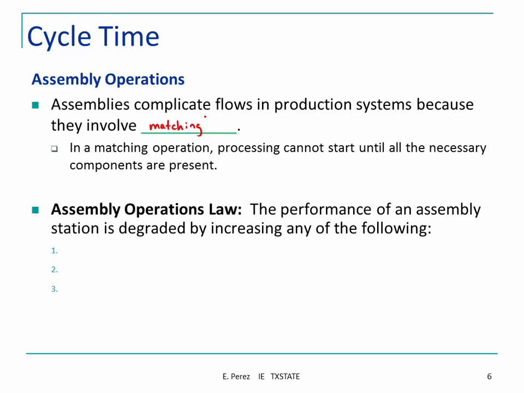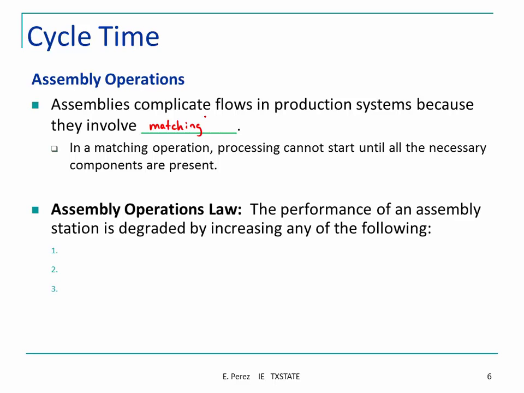So if, for example, you're assembling a cell phone, maybe you need to wait until the screen shows up, and you need the components and also the battery. So in order to get the whole thing together, you might need to wait for some of those components to show up.